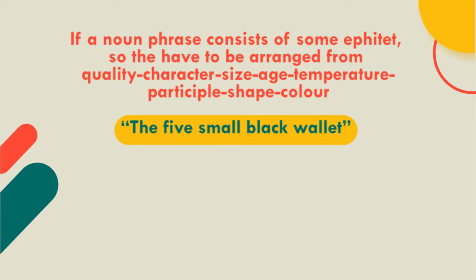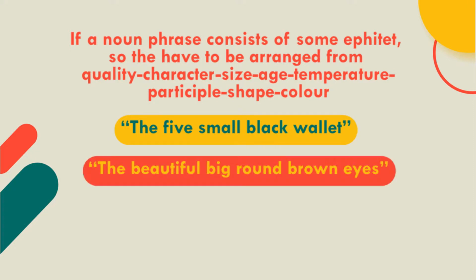The noun that is explained in this sentence is the wallet. The 5 is the amount, small is the size, and black is the color. So, the 5 small black is the epithet from the wallet. Next example, the beautiful big round brown eyes.